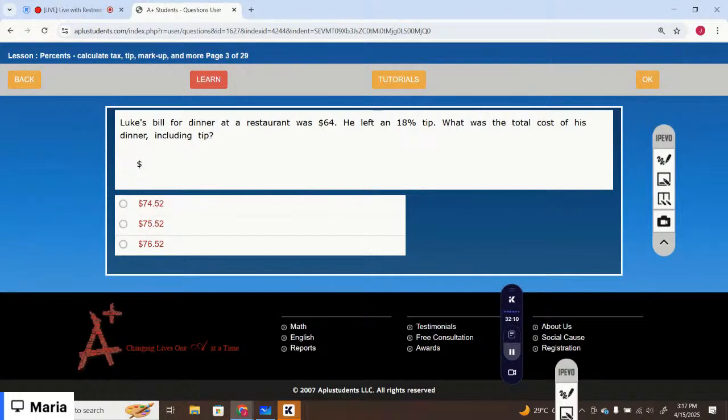Duke's bill for dinner at a restaurant was $64. He left an 18% tip. What was the total cost of his dinner including tip?